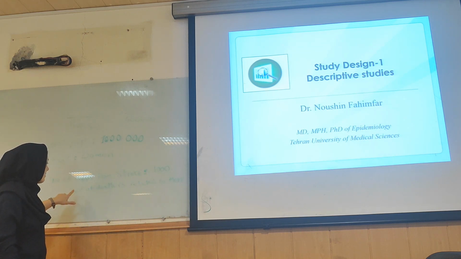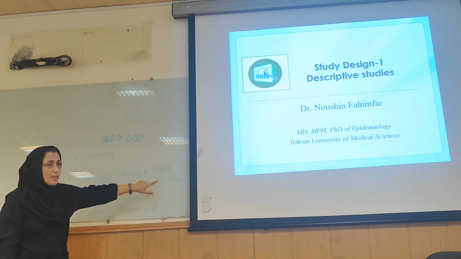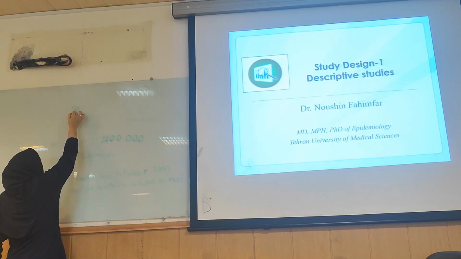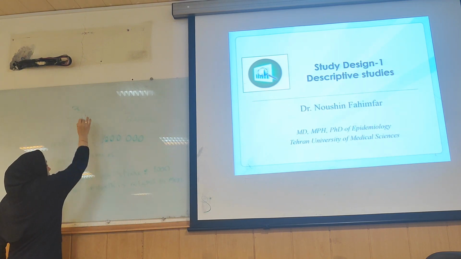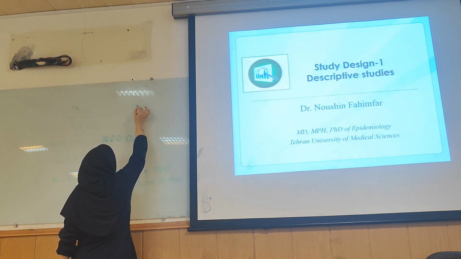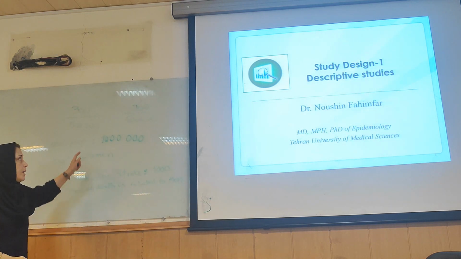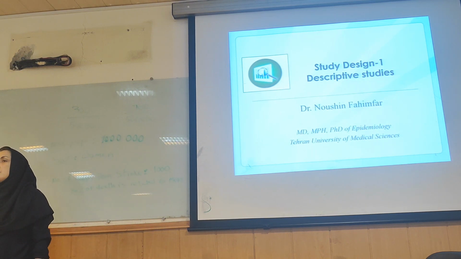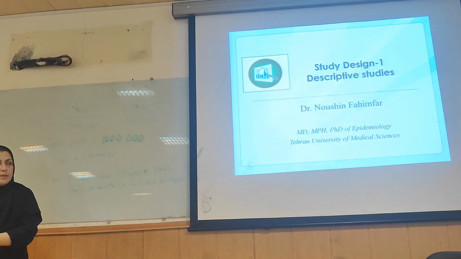And I told you that 30% of deaths is related to men. It means that 300 is related to men and 700 is related to women. So these are two sex-specific rates in men and women. Is it clear? It's very easy.